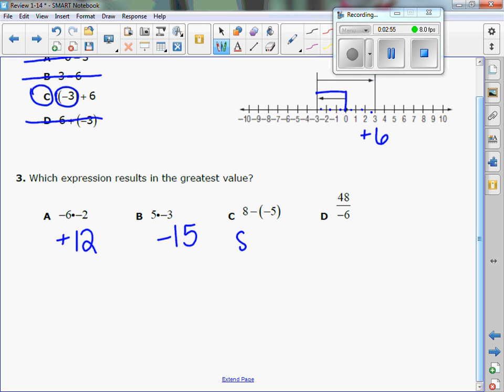When we add the opposite, we end up with 8 plus 5, which is positive 13. 48 divided by -6. 48 divided by 6 is 8 because they have different signs. My answer is negative. So I'm looking for the value with the greatest value, and that would be C. 13 is greater than all of the other values.